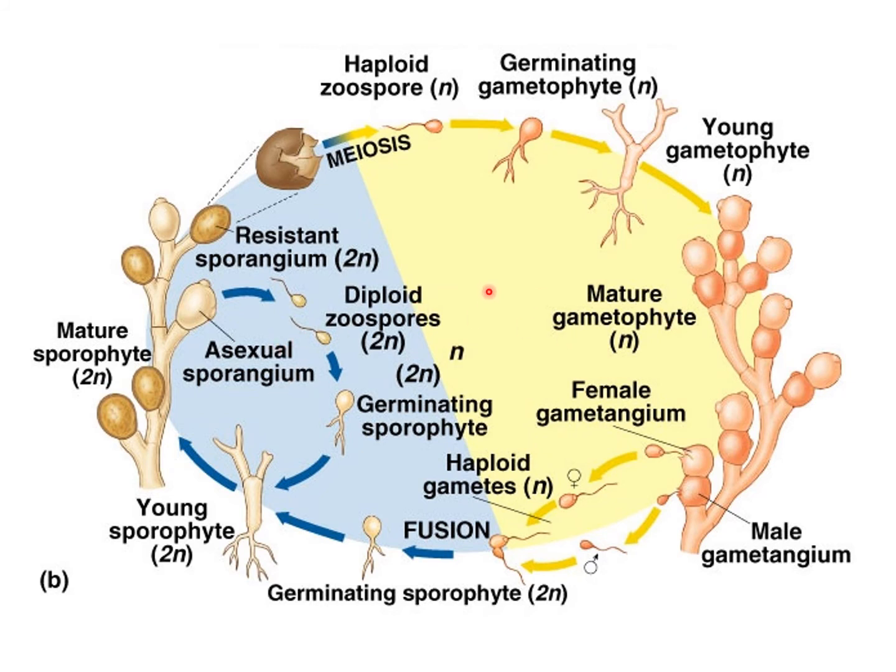What's key to this is that there are swimming sperm. So what this means is that they live in or close to water. The sperm, or the spores, they're not really sperm, they're spores, have flagella. And when spores or sperm have flagella, they need water so that they can swim and find the gametophyte.